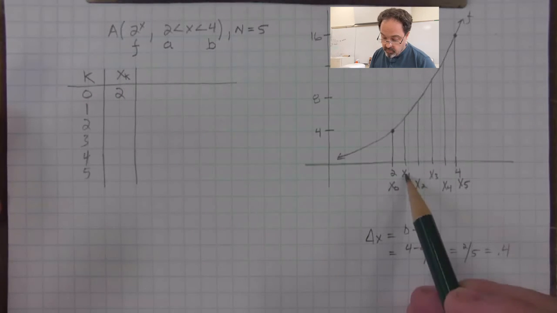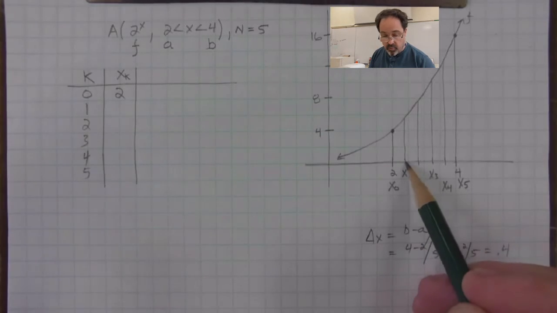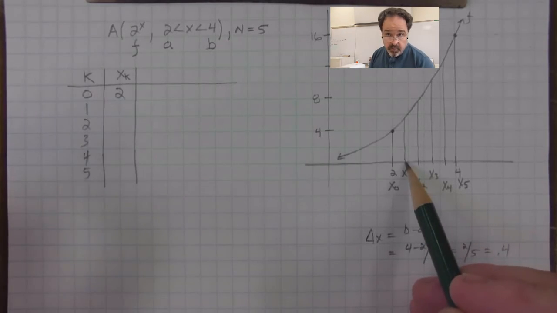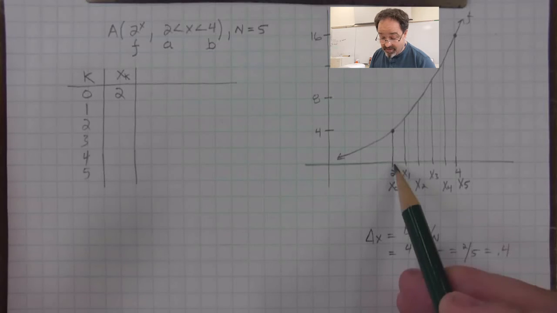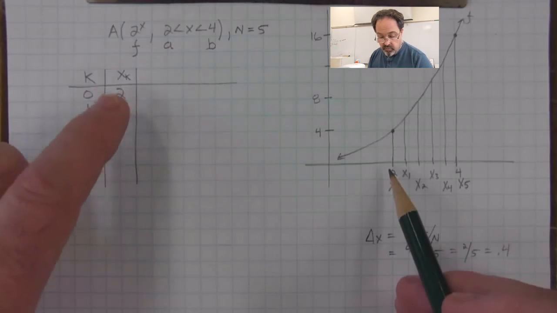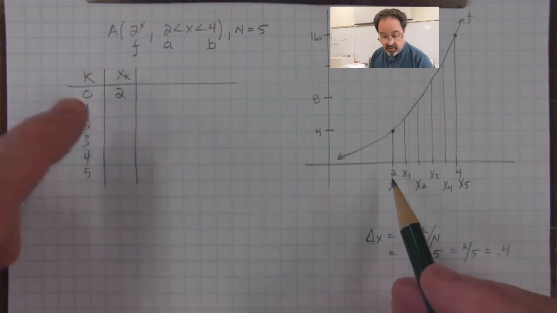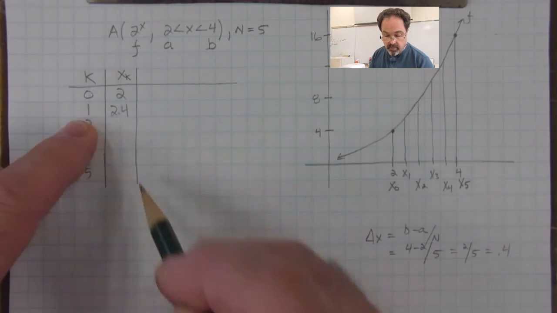The value on the horizontal axis that corresponds to a k value of 1, or we could say x sub 1 is going to be 1 delta x over from this 2. So the next value in my table that's important at a k value of 1 is 2.4.